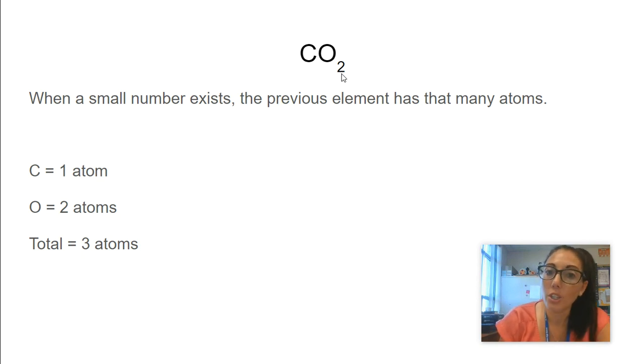But if you look, there's a 2 after the oxygen. So that 2 means that there are 2 atoms of oxygen. So I've written down here 2 atoms of oxygen. Then I add them all together: 1 atom of carbon plus 2 atoms of oxygen gives me 3 total atoms in this one molecule.